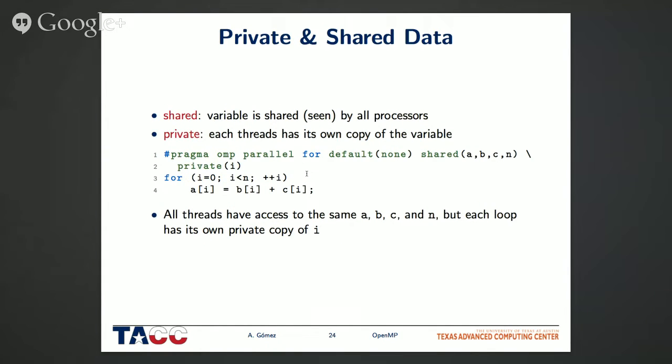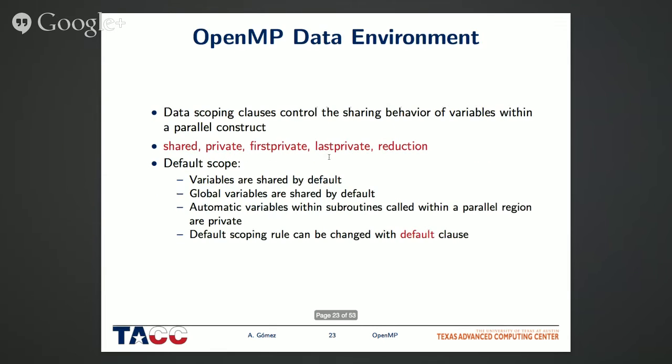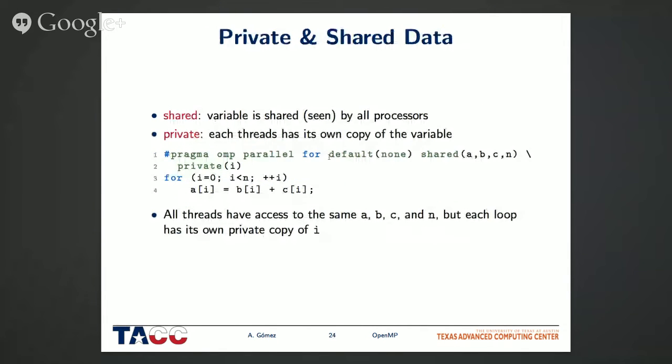As I said, a shared variable is shared by all the threads, and private variables are just local to each thread. So in this example, we are saying forget about what was shared before by using default none. I want to make A, B, C, and N shared.